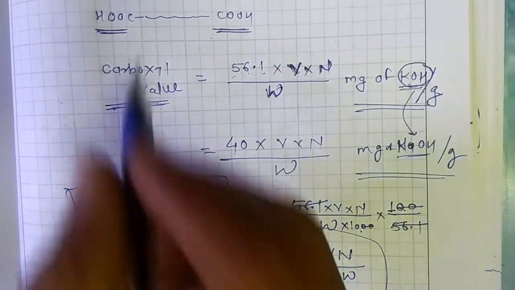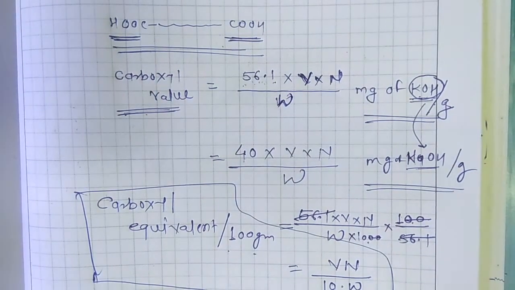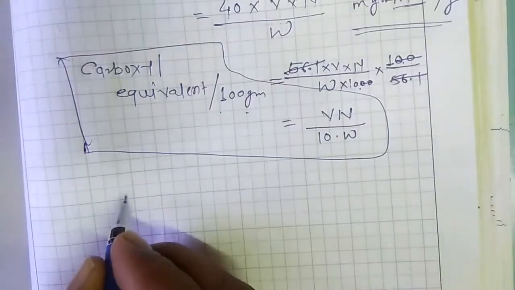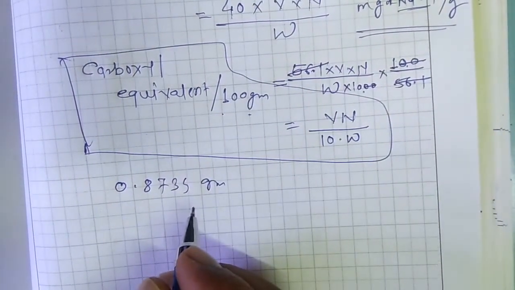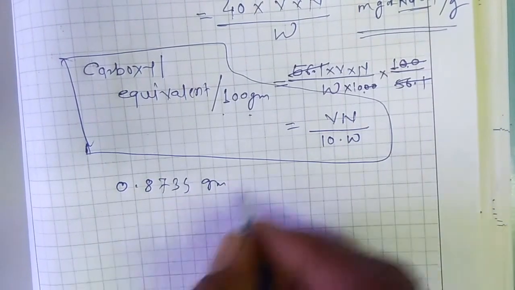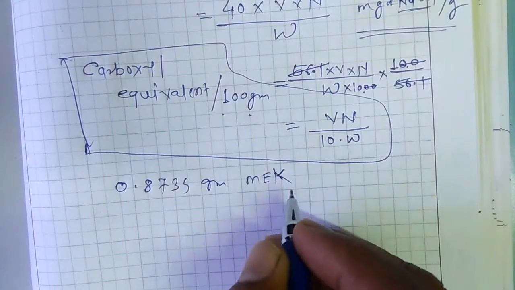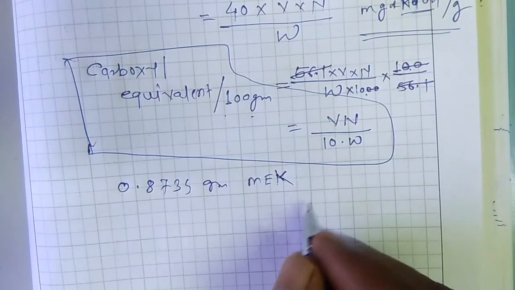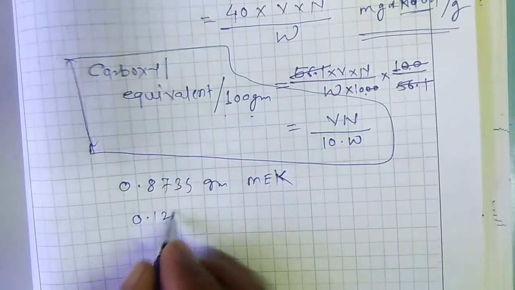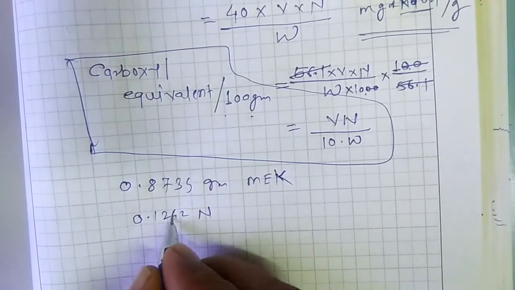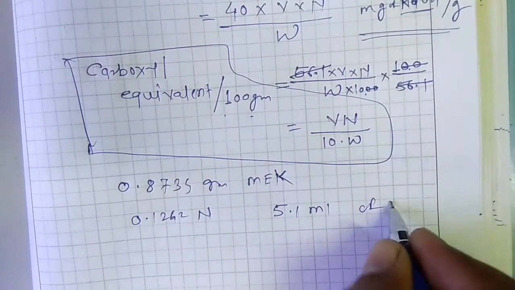Now consider this carboxylic acid, of which an amount of 0.8734 gram is dissolved in MEK, methyl ethyl ketone, and titrated against KOH which has a normality of 0.1242 normal, and it consumes about 5.1 milliliter of KOH.